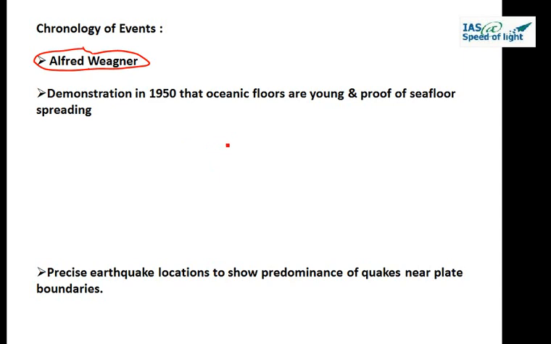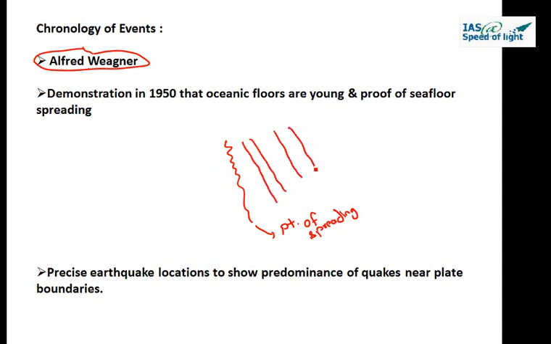Then we saw in the 1950s that the oceanic floors are young, which is proof of sea floor spreading. Suppose there's a big mid-Atlantic ridge. You can see it on the atlas also, and it gives us a clear example of sea floor spreading. So if this is the point of spreading of the sea, the moment we start going away from it, we find the rocks becoming older in nature.